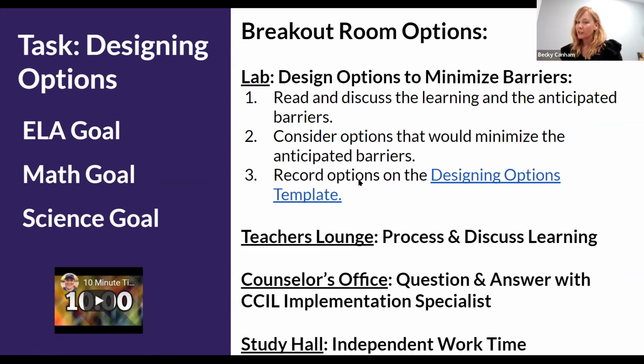We will have an ELA lab, a math lab, or a science lab as a choice if you want to work on that specific goal with some of the other participants. And then we will still have teacher's lounge, counselor's office, and study hall for you. There is an independent template. It will ask you to make a forced copy if you have your own learning goal that you would like to work on and go through this process independently as well.